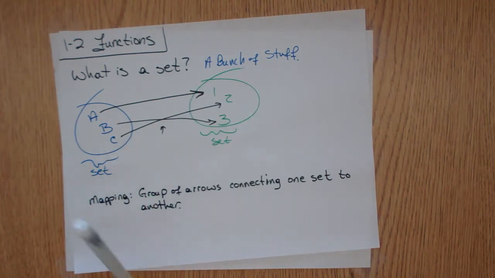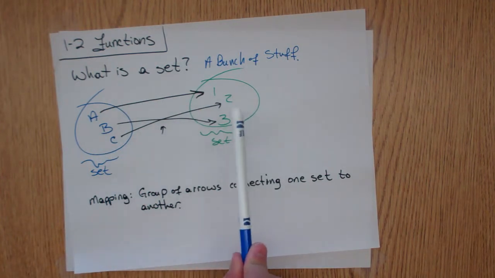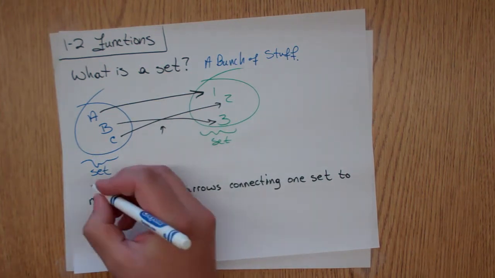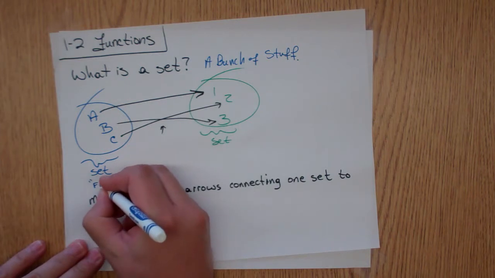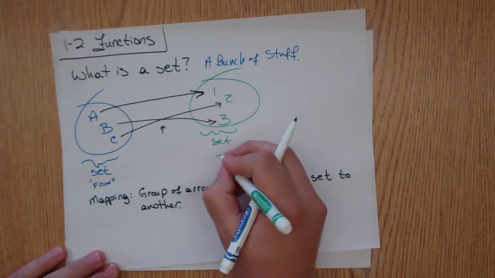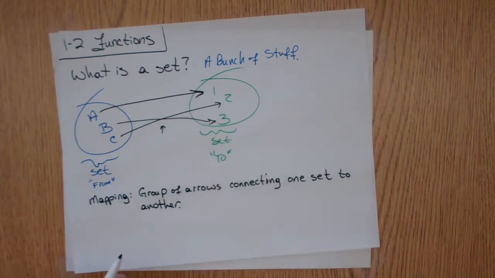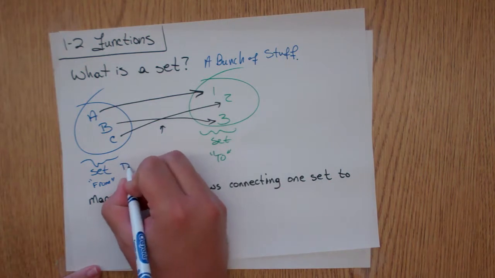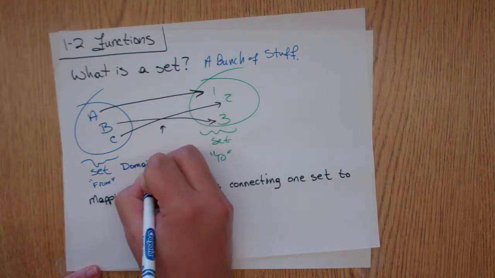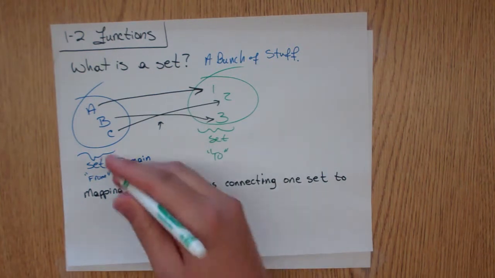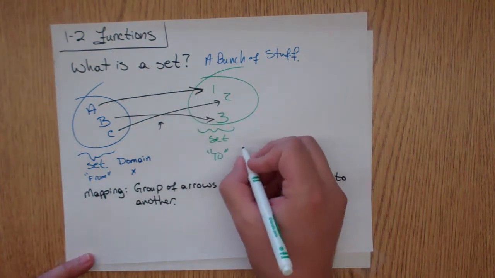Now, as you can see, we started with this set, and then we mapped over to this set. So since we started with this set, this is our from set, and then this one is our to set. Since we started here, we went from this set. This is also our domain, which will be represented by X. And since we went to this set, this is our outputs.